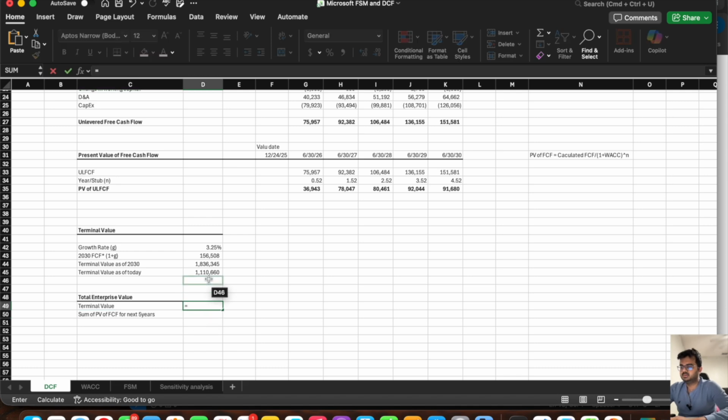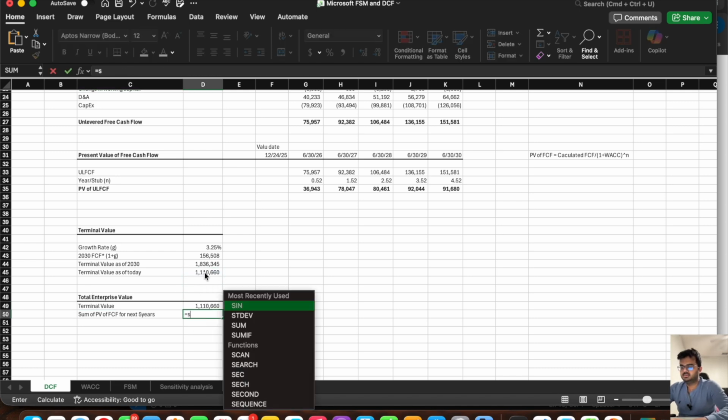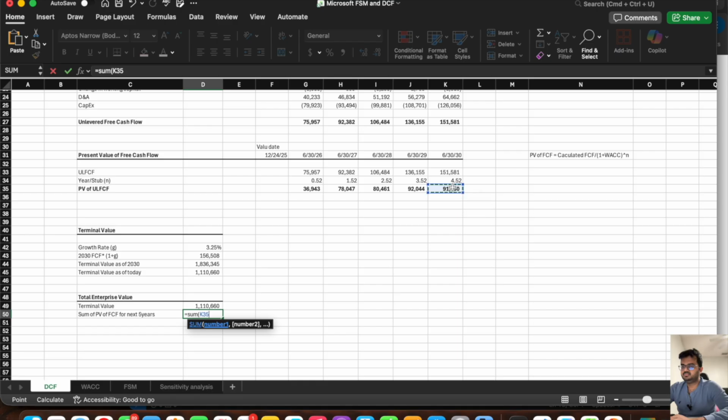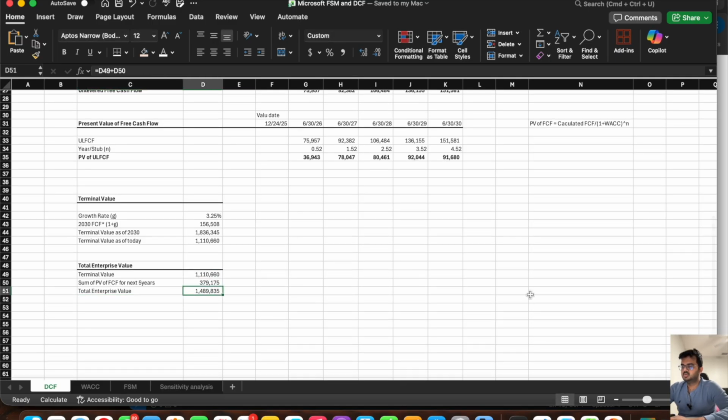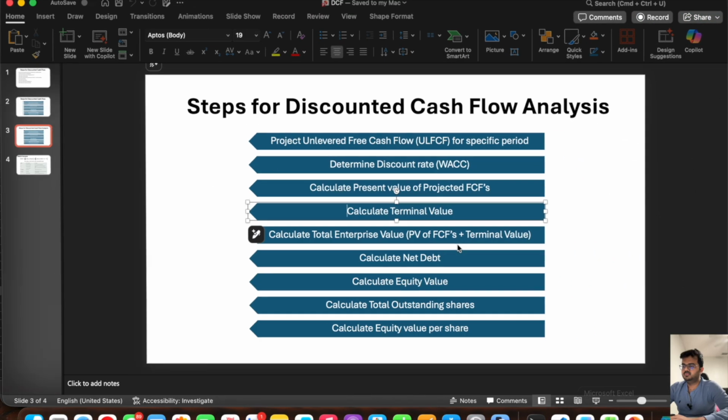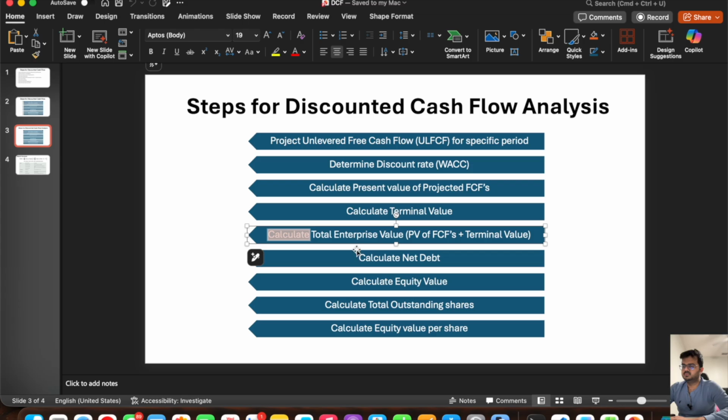So this is nothing but this number, and this is nothing but the sum of these guys. So now the total enterprise value is the summation of this guy and this guy. We are seeing somewhere around $1.48 trillion.